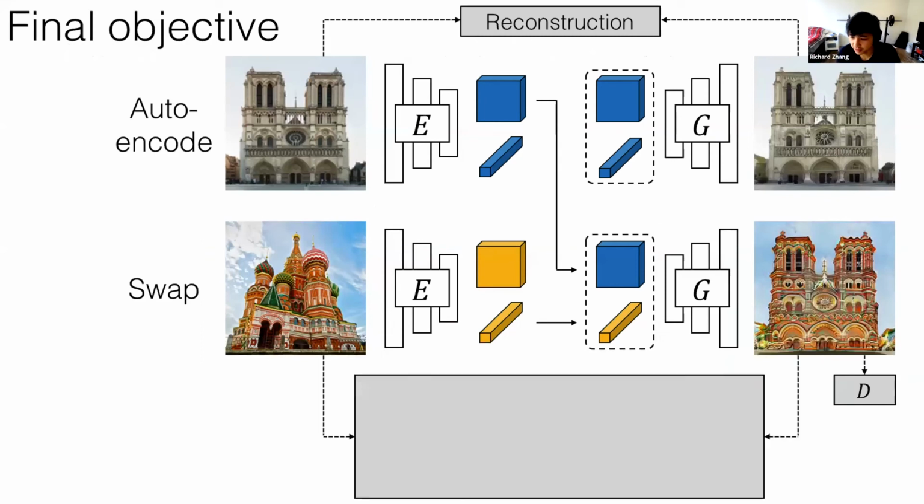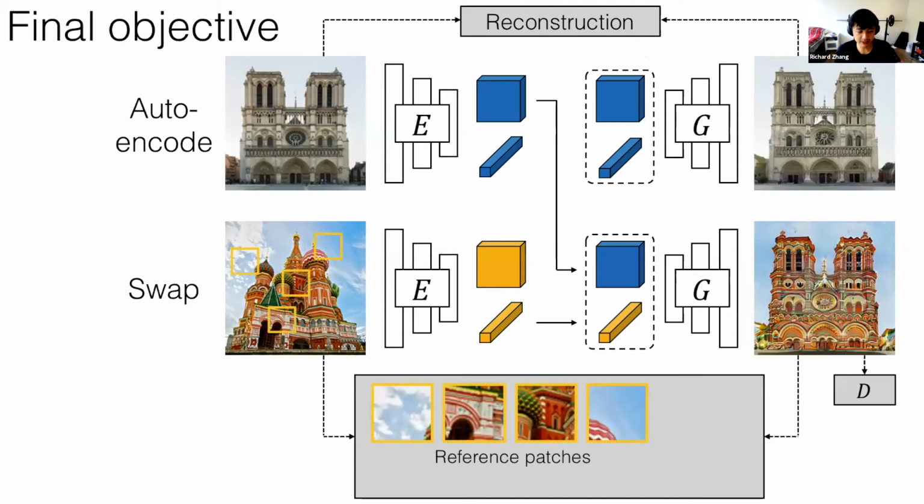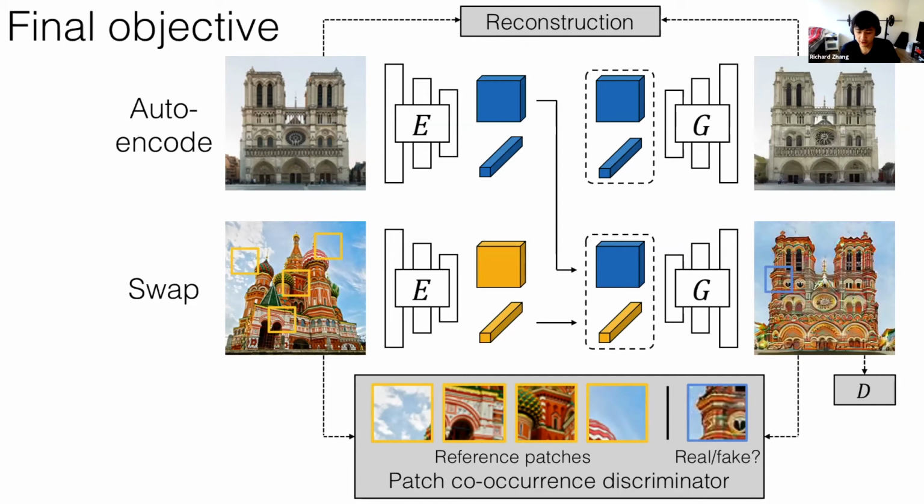Instead of just using 2 patches, we use a few random patches from the bottom image, to get a distribution over the textures in that image. Then we can judge a single patch from the output to see, does that belong or not? That's how we enforce this bottom branch. We call it a patch co-occurrence discriminator: a discriminator that's conditioned on orderless random patches from the reference image.